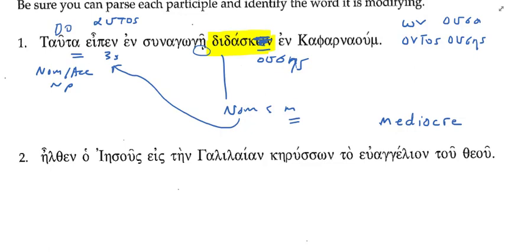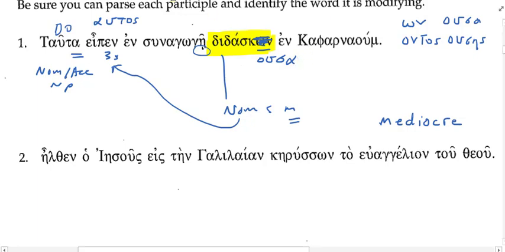And then, if I had this form, didasku, let's do didaskusas. What would that be? That'd be a participle, present active participle, feminine what? Accusative plural. That's right. Very good. Okay? And then here we'll do one more.